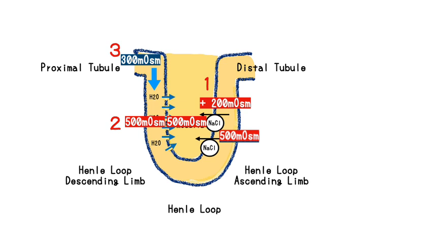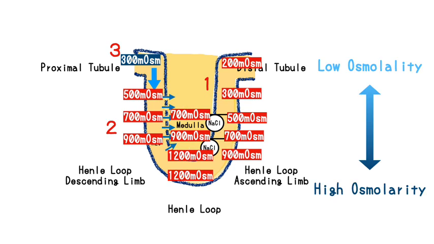As a result, the osmotic pressure of the interstitial fluid in the medulla increases to 700 milliosmoles. Due to the high permeability of the descending limb of Henle's loop, the osmolality of raw urine quickly reaches equilibrium. By repeating the above process, the renal medulla increases to a maximum of 1200 milliosmoles.